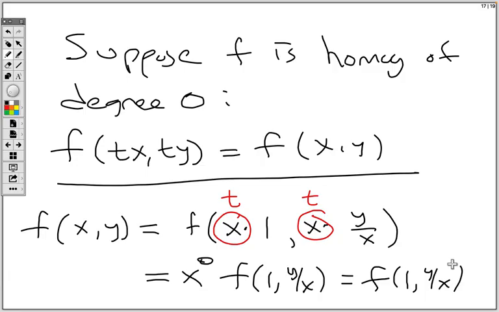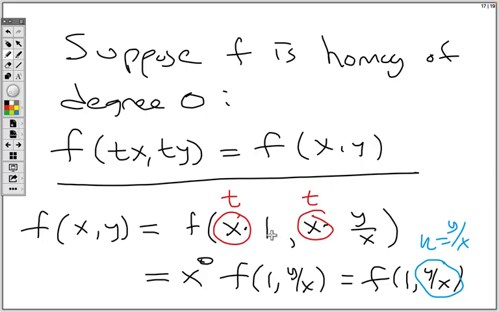So what's the point of doing this? This says that if I let u be y over x, for a function that's homogeneous, I'm just scaling the first component.